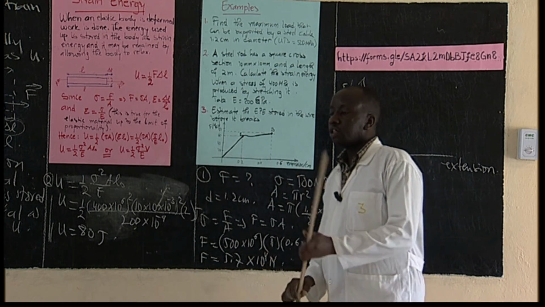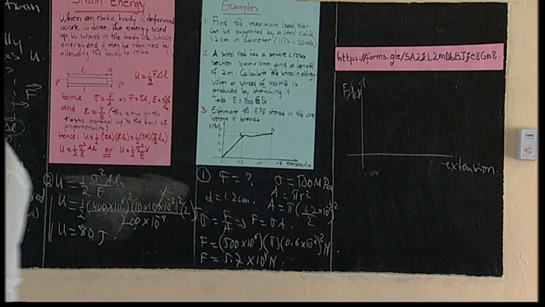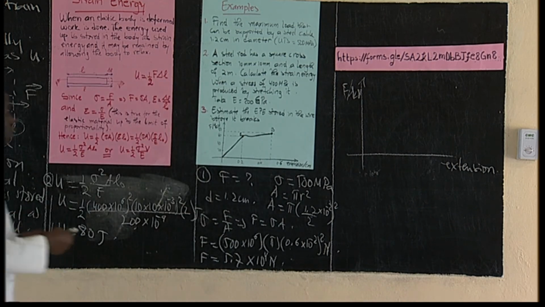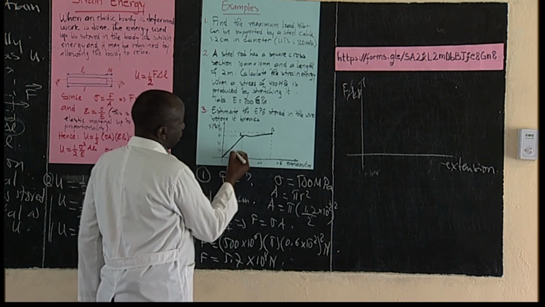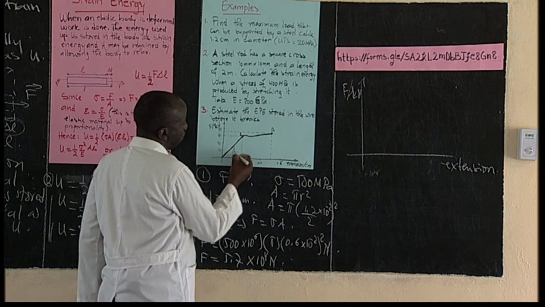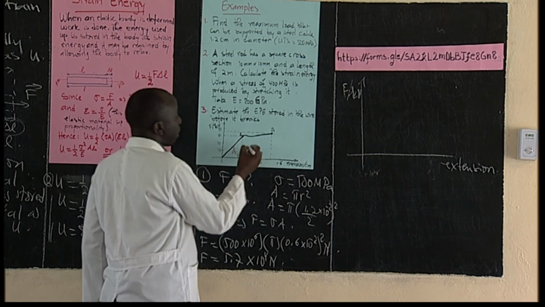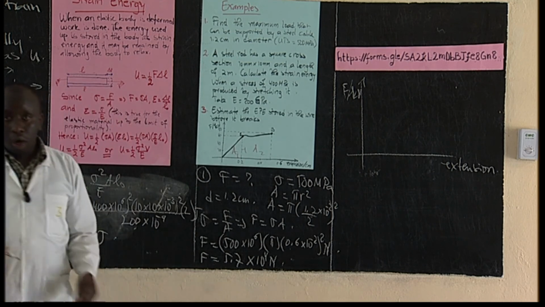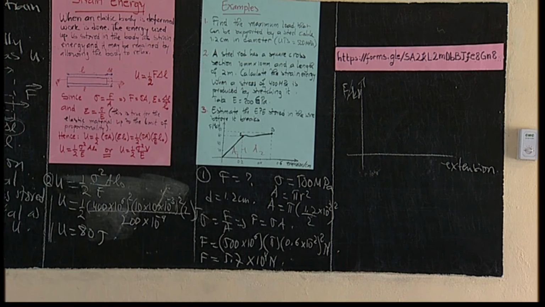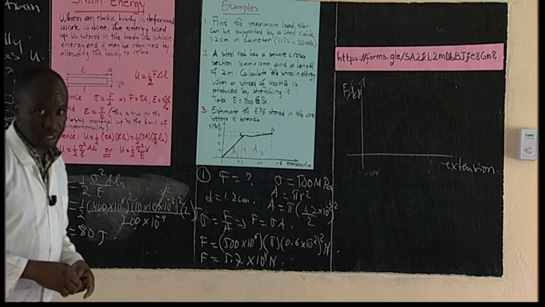In other words, if we were going to determine the work, we would say here we have A1 and this is A2. And then when we find the total, it will be the work done on this material to deform that material.